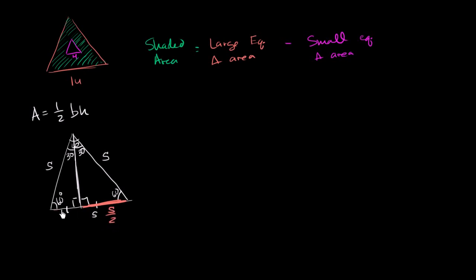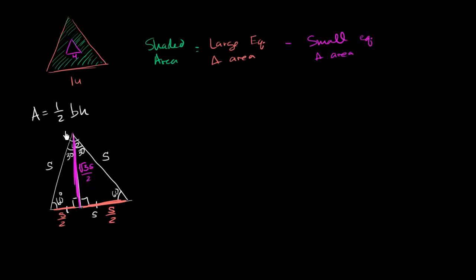This is also going to be S over 2 right over here. They obviously add up to S. And then we know from 30, 60, 90 triangles that the side opposite the 60-degree angle is square root of 3 times the shortest side. So this altitude is going to be square root of 3 S over 2.